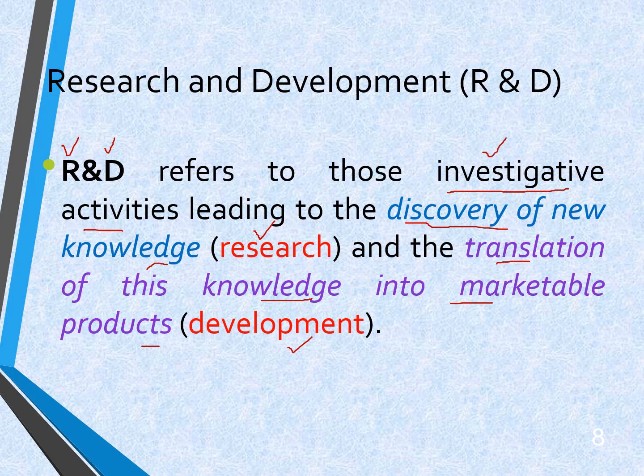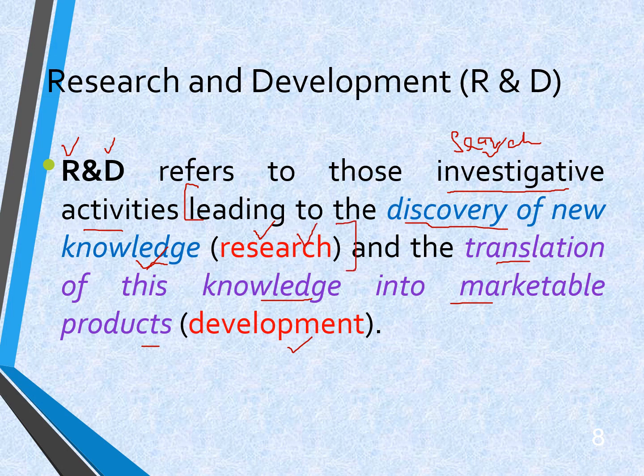Investigative activities here means searching activities. Leading to the discovery of new knowledge here means with the purpose of finding new knowledge. So searching activities to find new knowledge or new information. This part is called the research job.